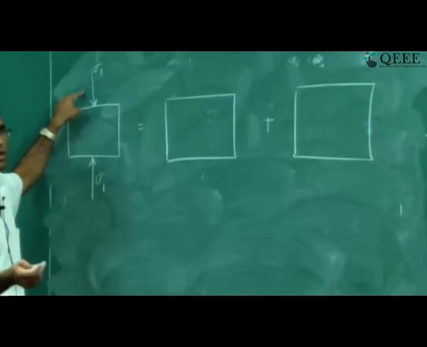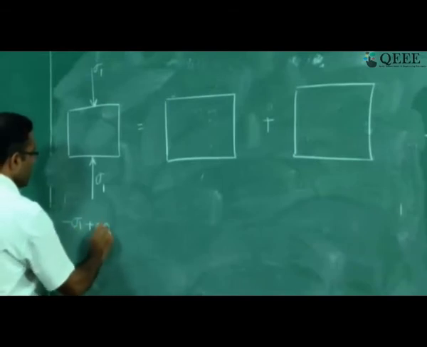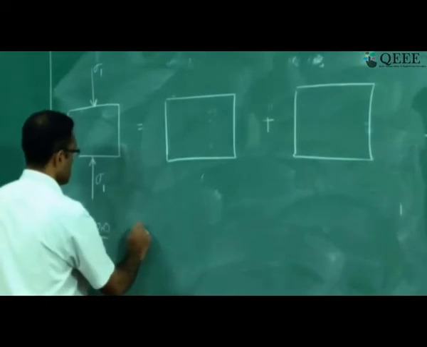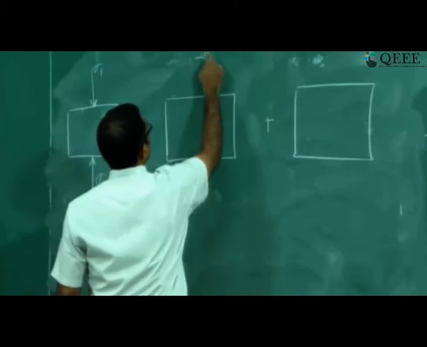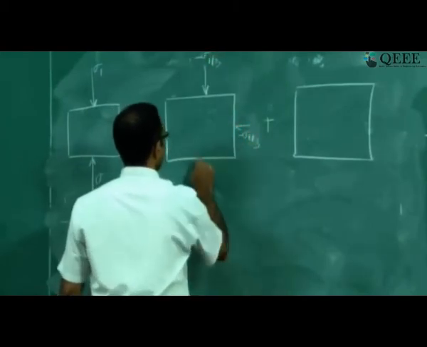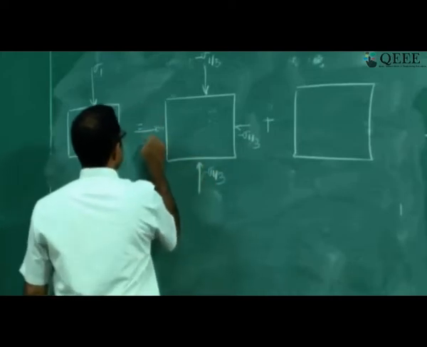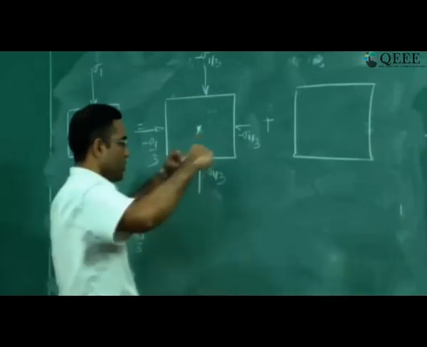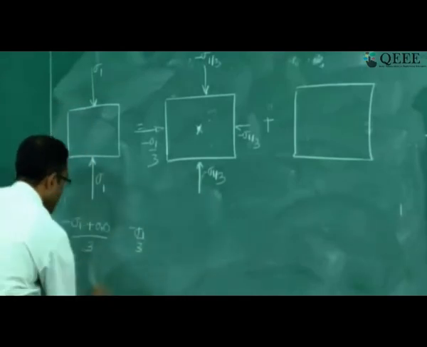So the hydrostatic stress will be minus sigma 1 plus 0 plus 0 by 3, minus because it is compressive. So the hydrostatic component is minus sigma 1 by 3, minus sigma 1 by 3, and going into the board, compressing the cube, also minus sigma 1 by 3. That will be the hydrostatic component, right?